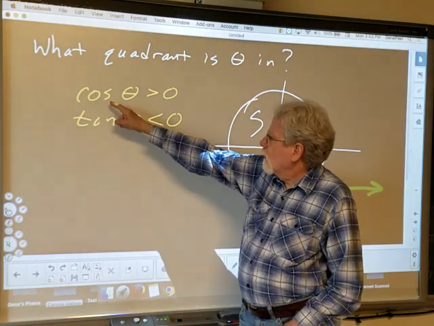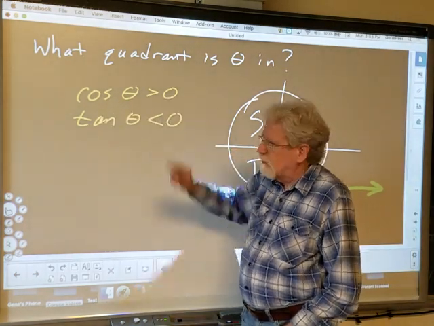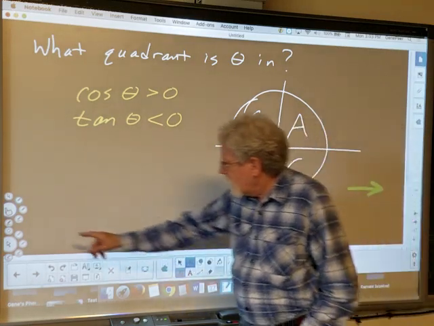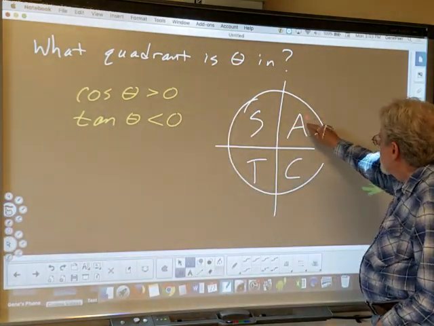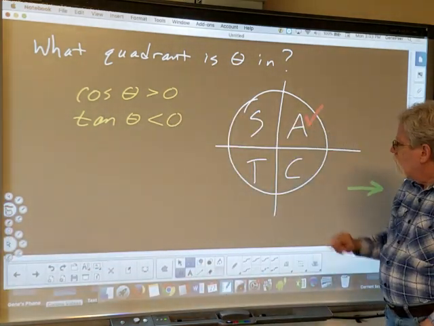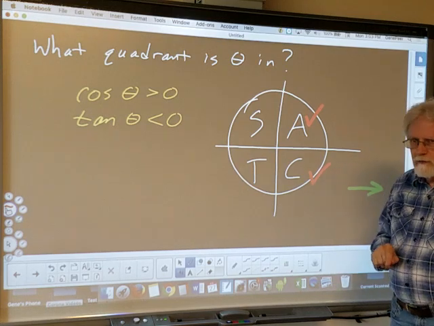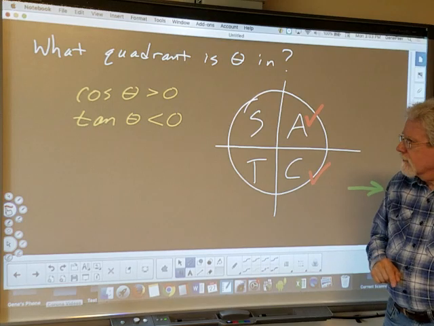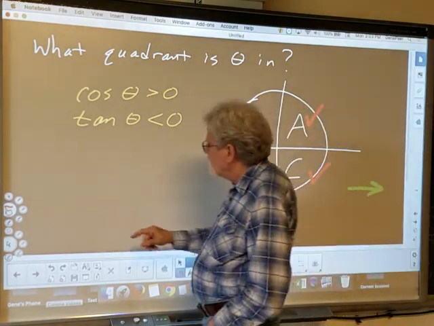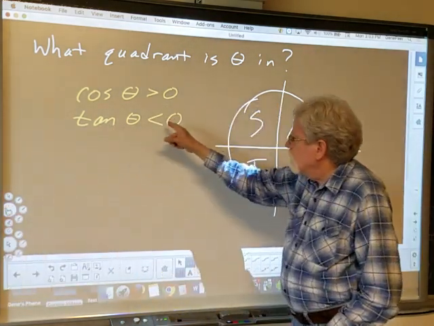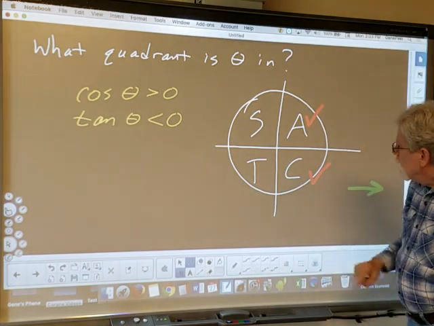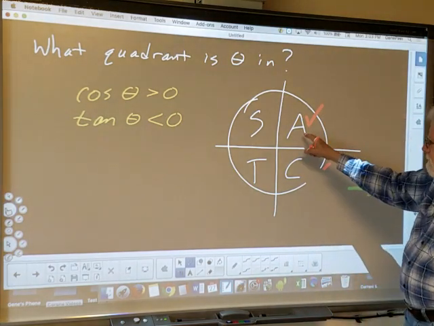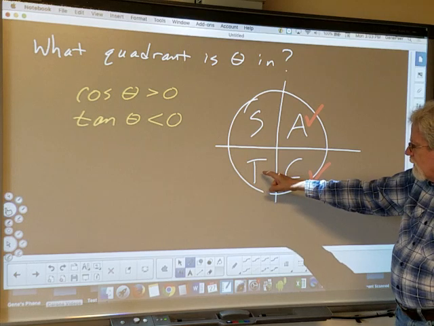So this tells us the cosine of my mystery angle is positive. That means that my mystery angle must be either here where they're all positive, or here where cosine is positive. Because cosine is negative here and here. But also, tangent must be negative. Well, tangent is certainly not negative there. Tangent is positive there.